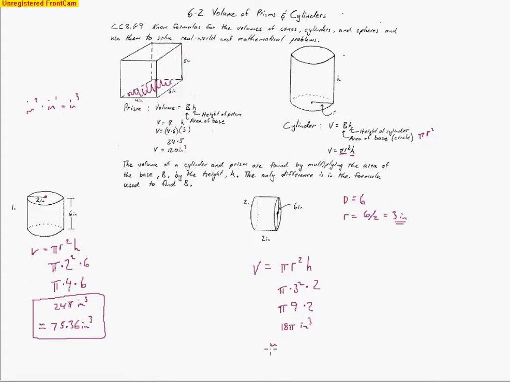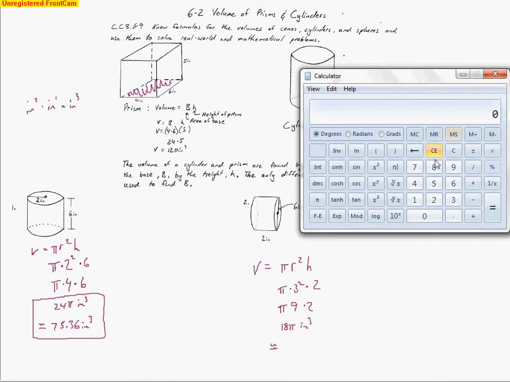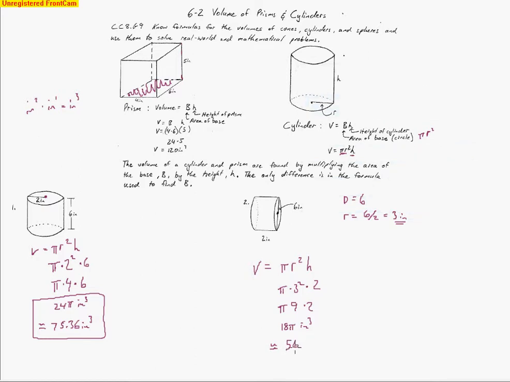So that's the exact answer. Let's come up with the approximate now. We'll punch in 18 times 3.14 and press the equals button, and I get 56.52 is the approximate answer. And that is inches to the 3rd power.